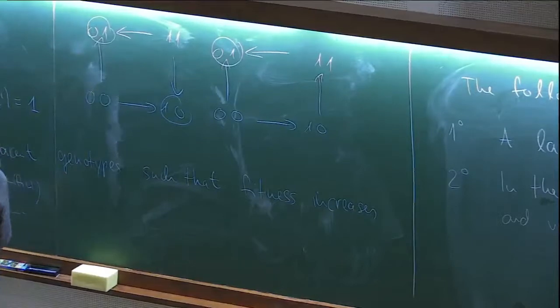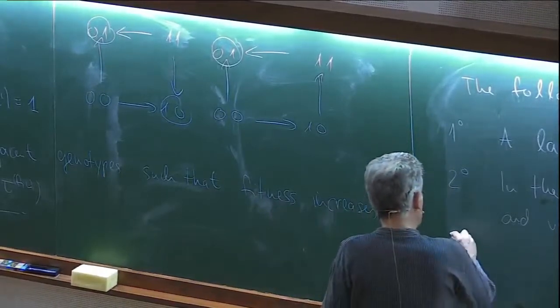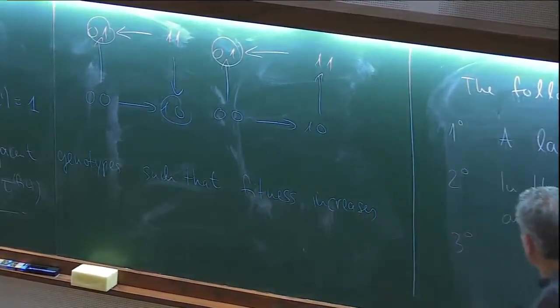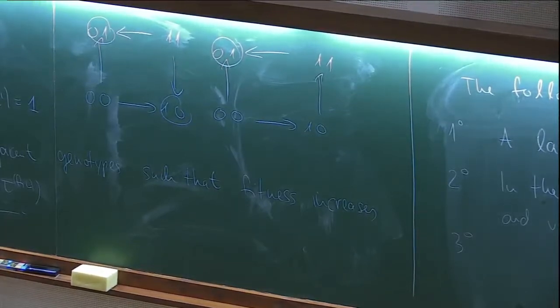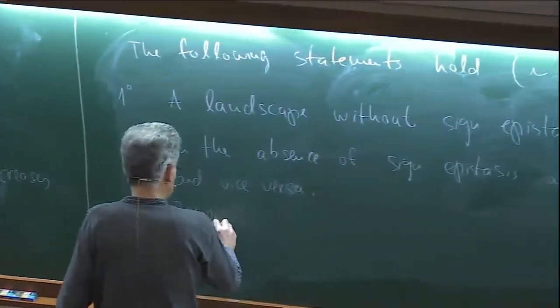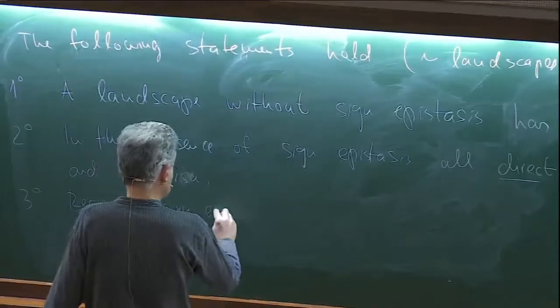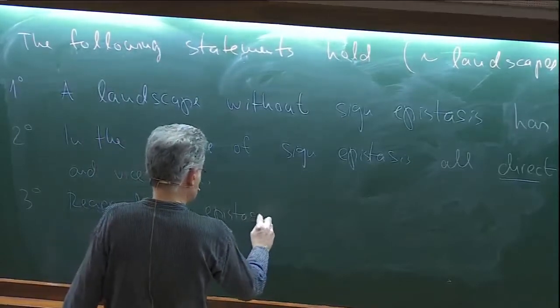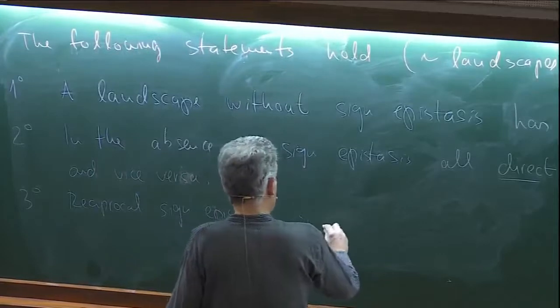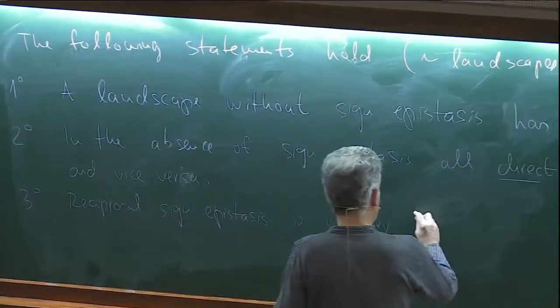And so in fact, and this is a result that was obtained a bit later by Poelwijk et al., reciprocal sign epistasis is a necessary condition for having multiple peaks. Okay, reciprocal sign epistasis is necessary for multiple peaks.